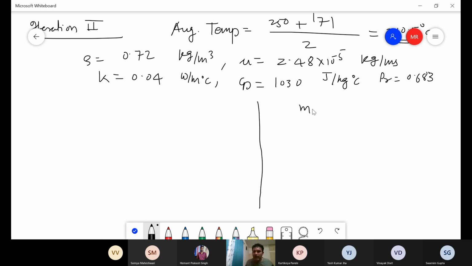Mass flow rate, if I keep it constant, is nothing but what? Rho into volumetric flow rate, isn't it? Rho into volumetric flow rate.